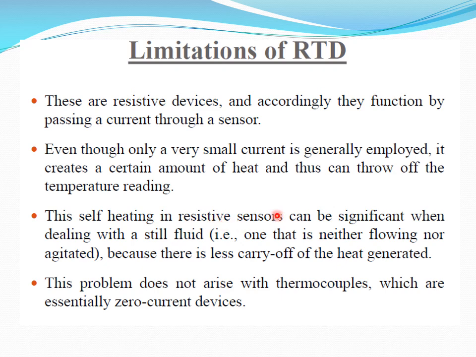This self-heating in a resistive sensor can be significant when dealing with still fluid. In still fluids, there is no flow, so whatever temperature rise occurs, it will stay. If there is a flow, then it is fine. This problem does not arise in the case of a thermocouple. So wherever you have to measure stagnant water, this can create a problem.